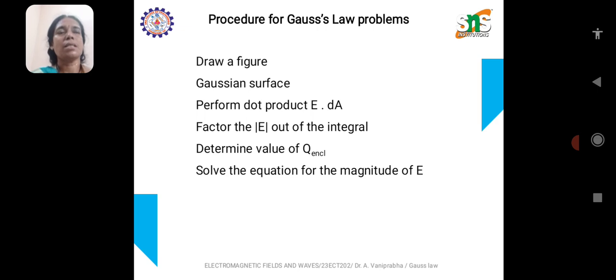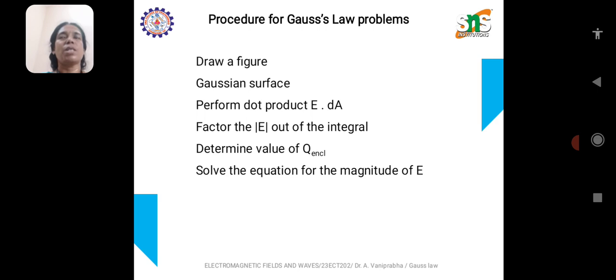dA is nothing but the differential area of that particular element which is taken for consideration, right? So E will be a constant value which can be taken out of the integral, and dA after integration, for example for a sphere, will give the area 4 pi r square. And next, after determining that, identify the value of Q enclosed.